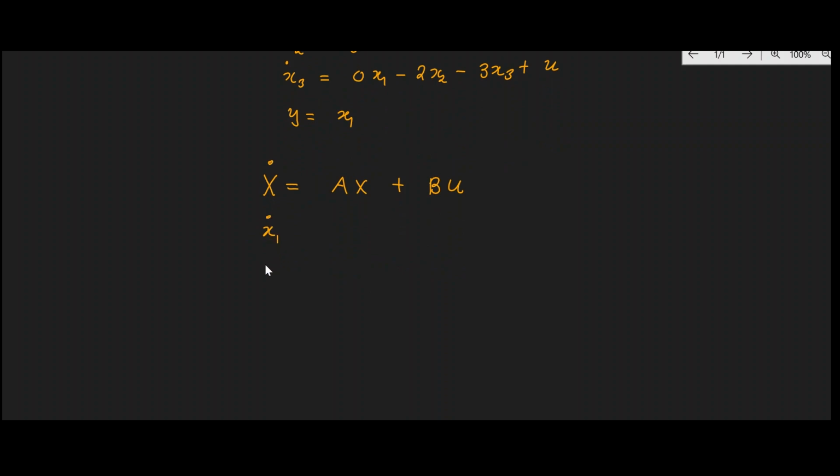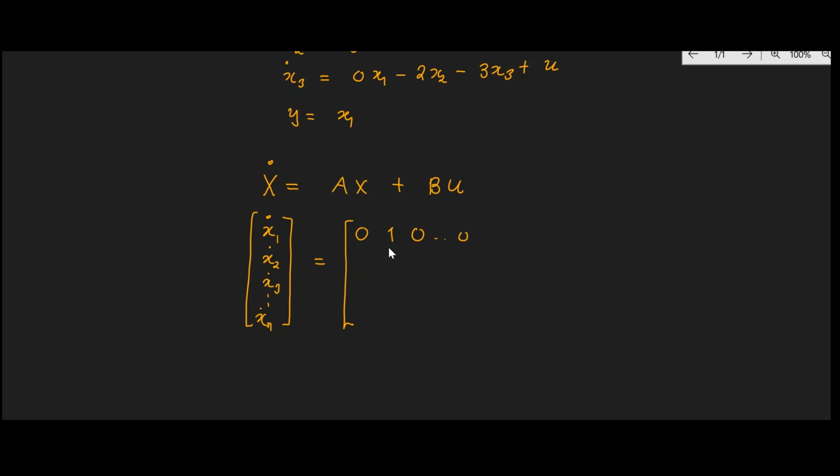This will be x1 dot, x2 dot, x3 dot, and so on and so forth, up to xn dot. And then this is a matrix as well. This matrix may not always be the same, but usually it is 0 1, then 0, just like that it goes. Usually it's like that.